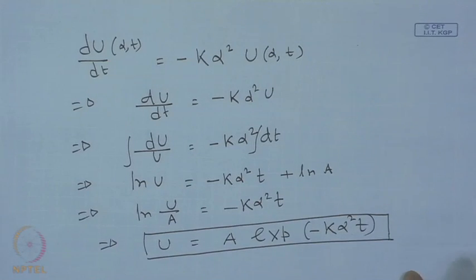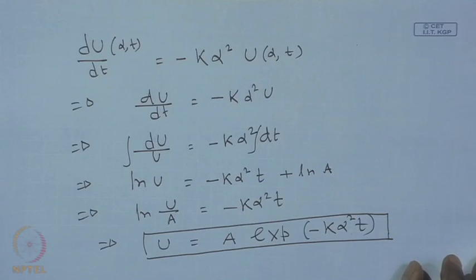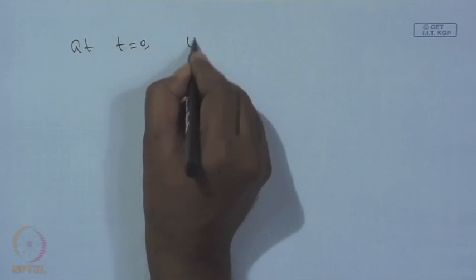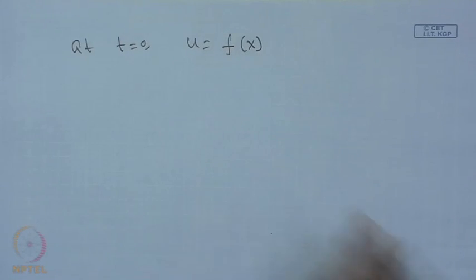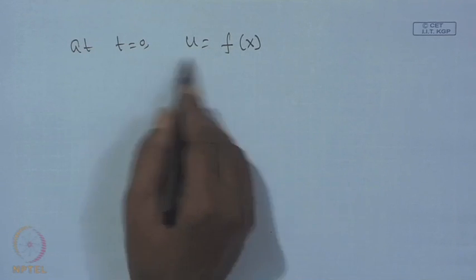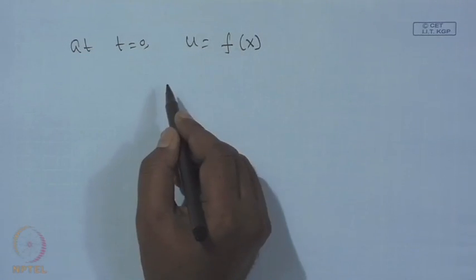So, this becomes the solution of the transformed function. We write down the initial condition to solve this equation, because there is only one unknown here. At t equal to 0, we had u is equal to f of x. Since capital U is a Fourier transform variable, we have to take the Fourier transform of this initial condition as well.